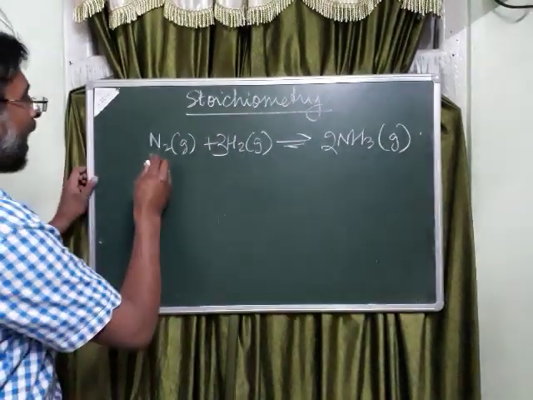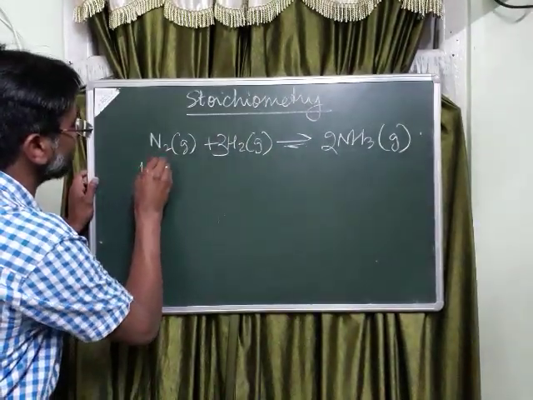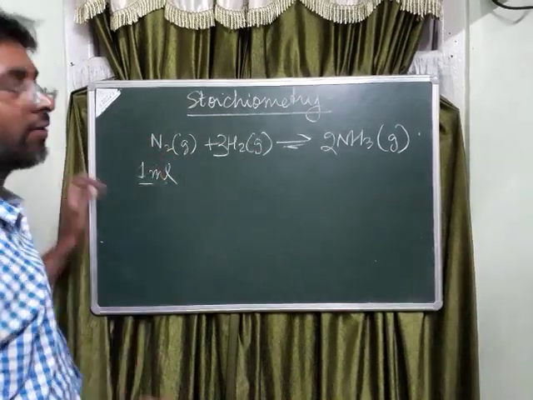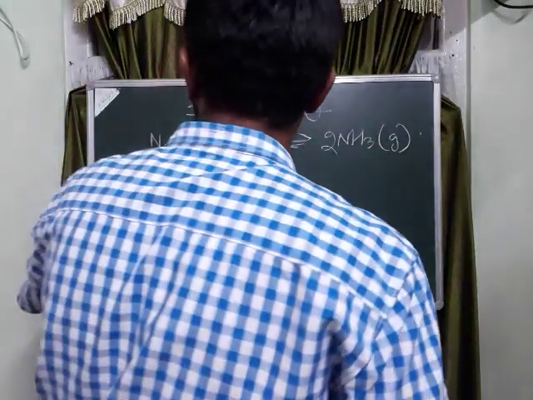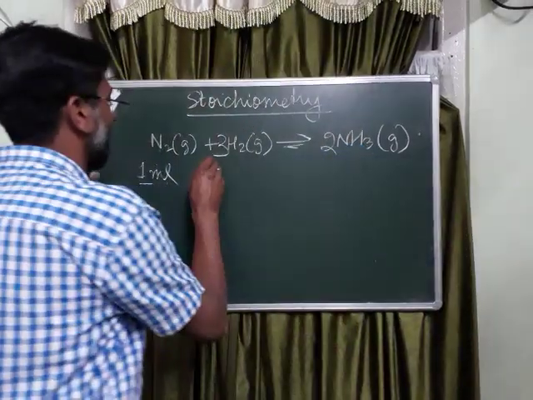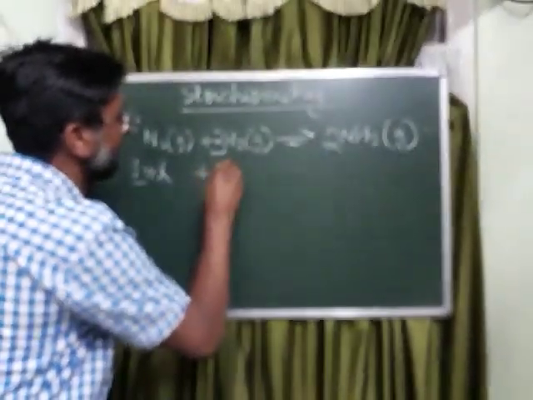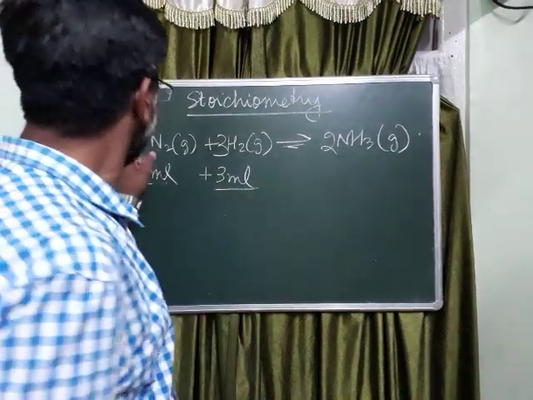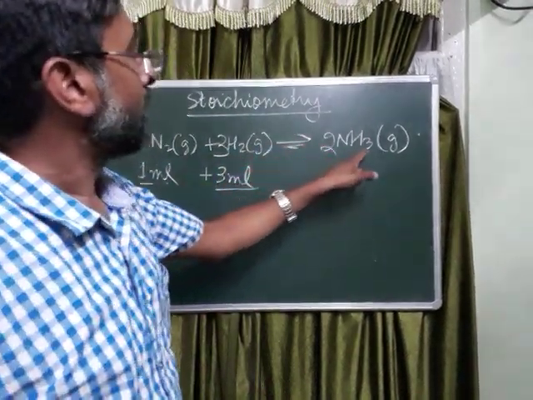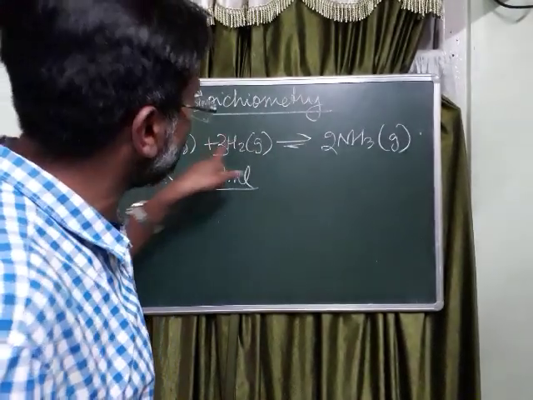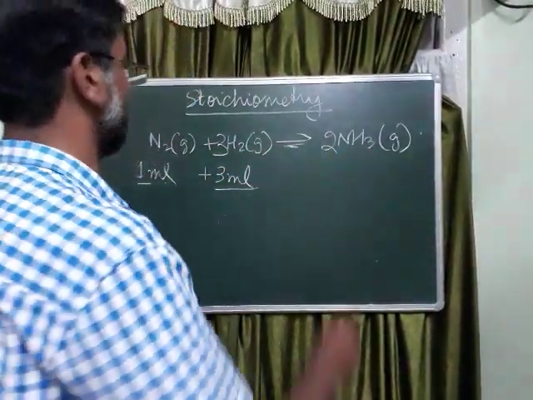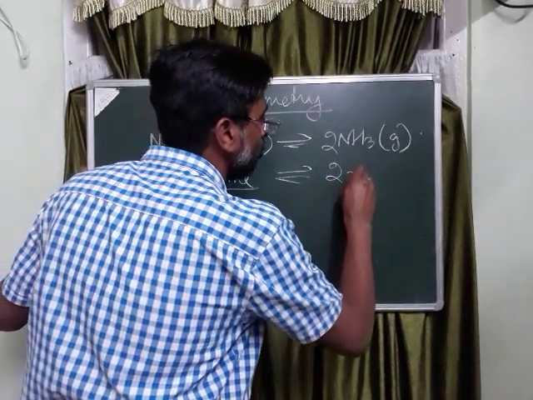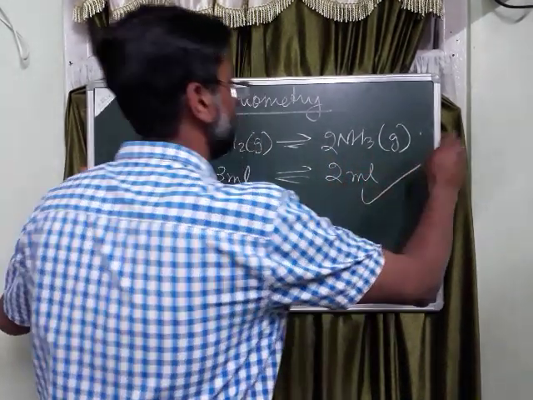If I bring 1 milliliter of nitrogen gas and combine it with 3 milliliters of hydrogen gas, then according to this balanced chemical equation, we will get the product, 2 milliliters of ammonia gas.